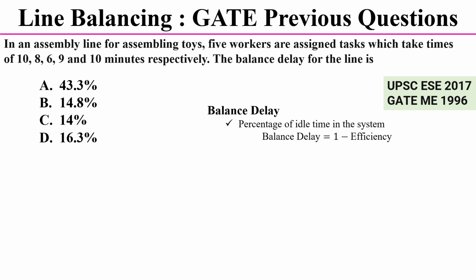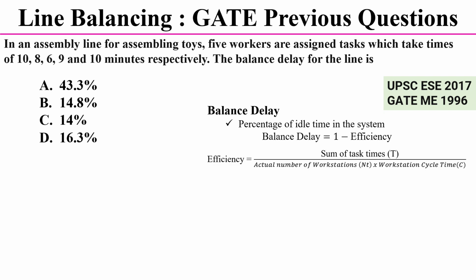In the introduction we discussed that balance delay is the percentage of idle time in the system, and the formula is balance delay equals 1 minus efficiency. So first we will determine the efficiency. We know efficiency equals the sum of task times divided by the actual number of workstations into workstation cycle time. Let's consider each worker as a workstation.